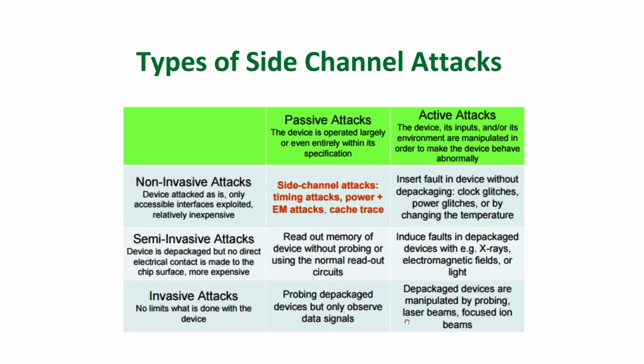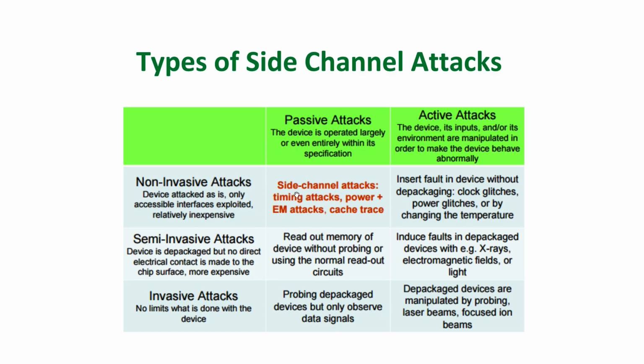There are different types of side channel attacks. Some are non-invasive, like the power, electromagnetic radiation, and the timing attacks, which are all examples of non-invasive passive attacks. These attacks are passive because the attacker is passively monitoring the side channels that are emitted from the device.